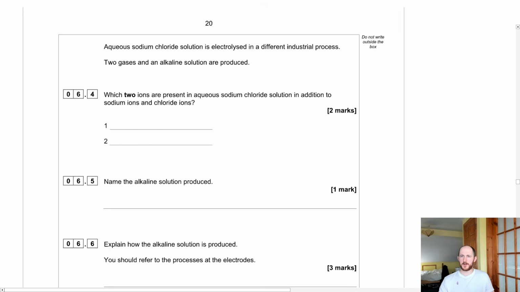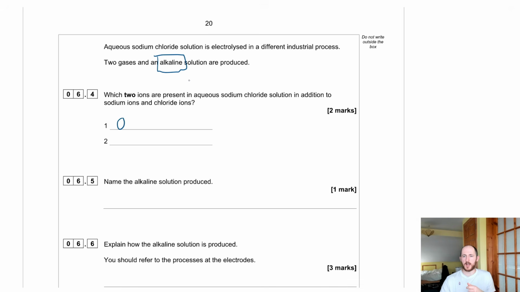Okay, this one's a bit tricky. Aqueous sodium chloride solution is electrolyzed in a different industrial process. 2 gases and an alkaline solution are produced. So, here's where things get a bit tricky. Which 2 ions are present in the aqueous sodium chloride in addition to the sodium and the chloride ions? Well, it's an alkaline solution, and what produces the alkalinity?